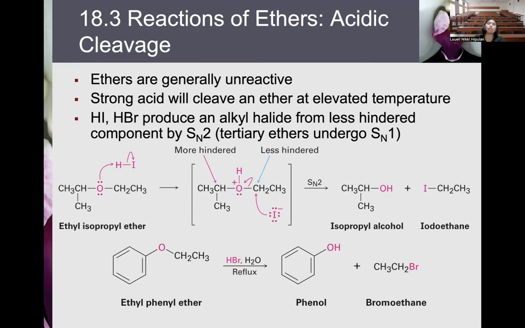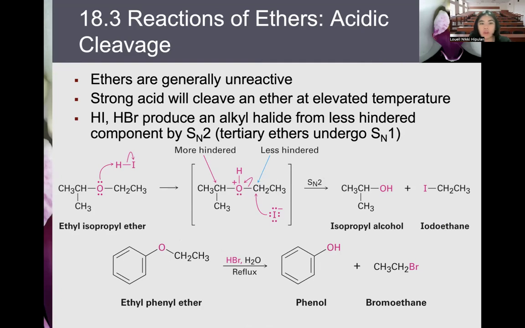And we're going to discuss the reactions that occur on ether. First you have your acidic cleavage. Ethers are generally unreactive. However, if you have a strong acid, it will cleave your ether, and it should be at high temperature.